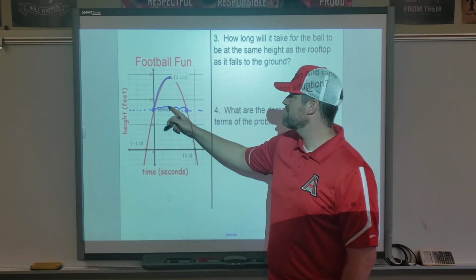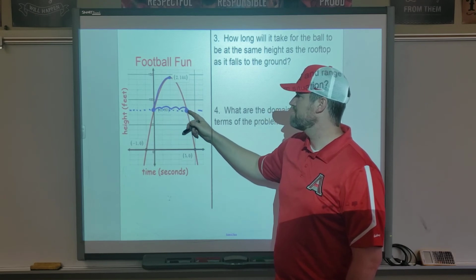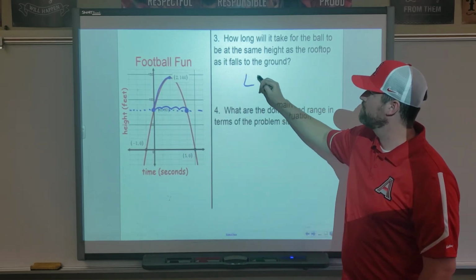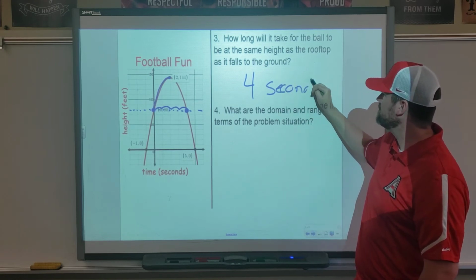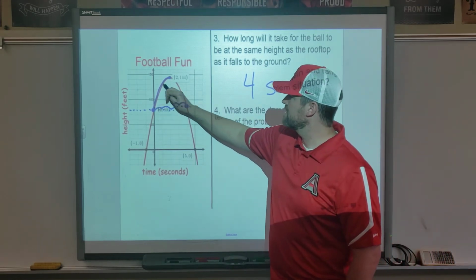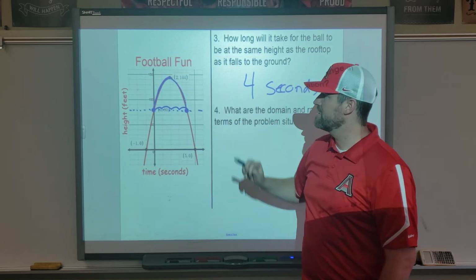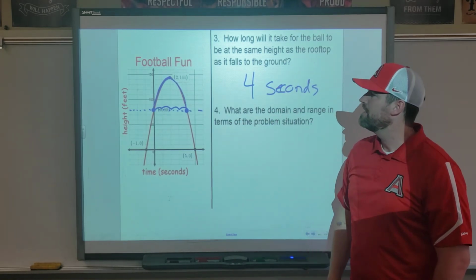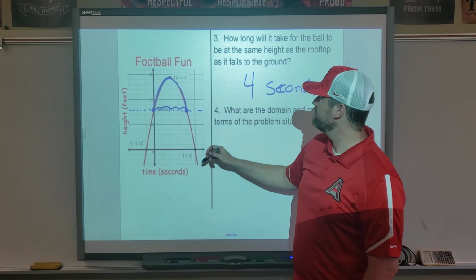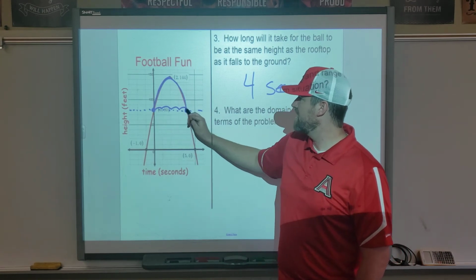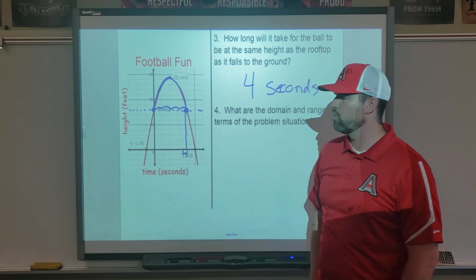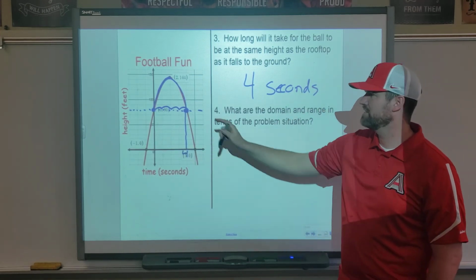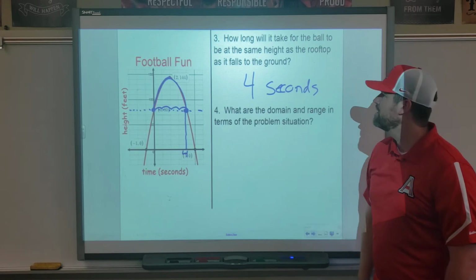So if it takes 2 seconds to get there, 2 more seconds to come down, that is a total of 4 seconds. You could also just look at the graph to see when it's at a height of 80 feet. That is a time of 4 seconds. We're actually going to look at that more on Monday next week.